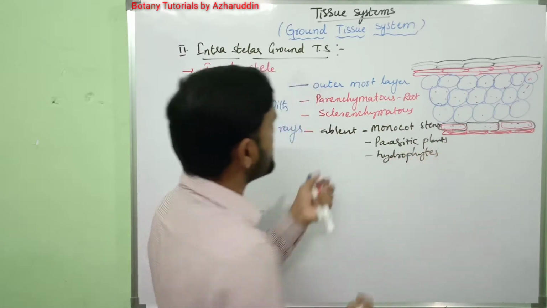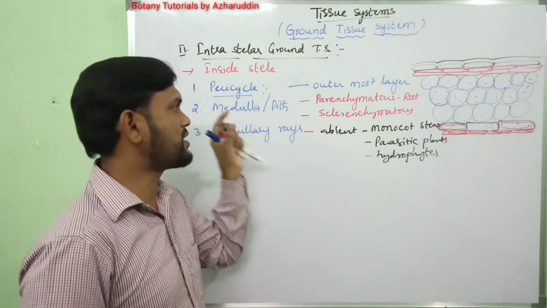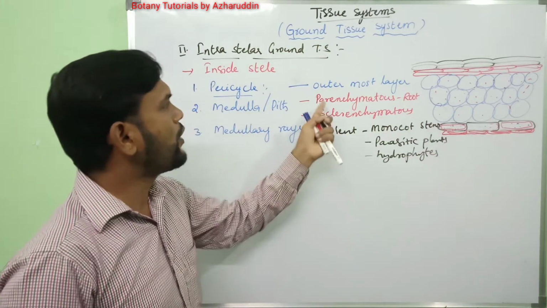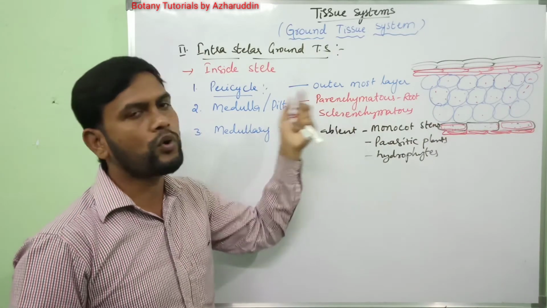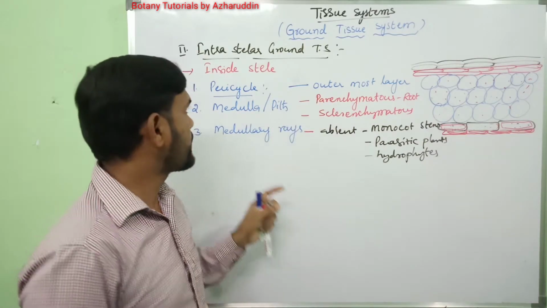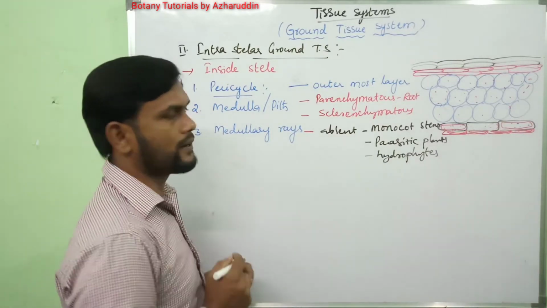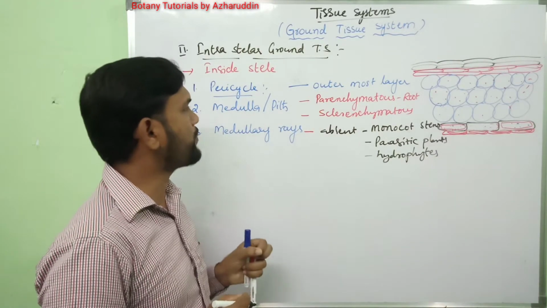In these plants, pericycle is absent. It is well developed in dicot stems and monocot roots. This is about pericycle. Coming to the functions of pericycle.